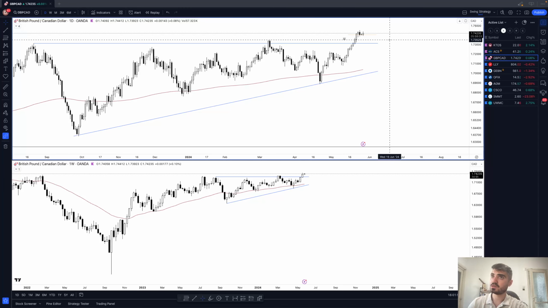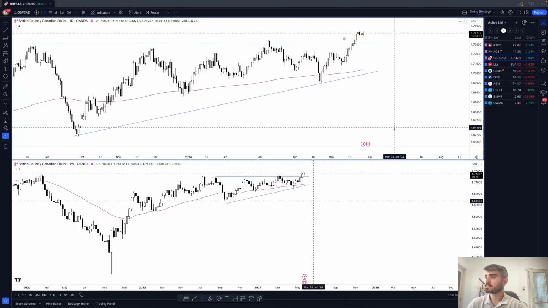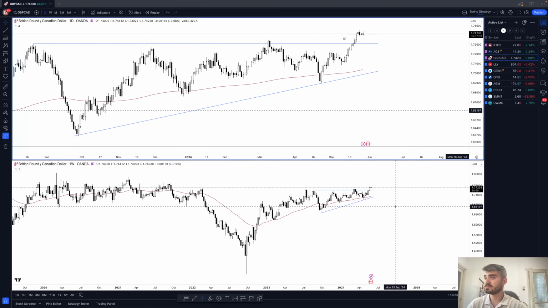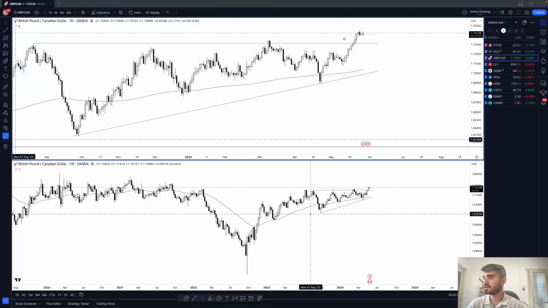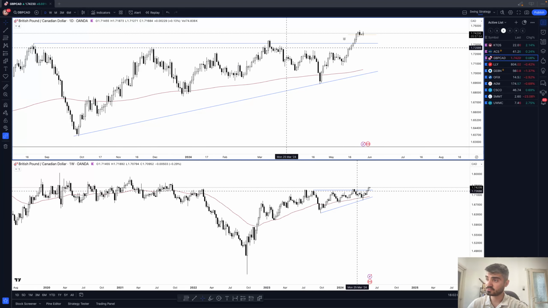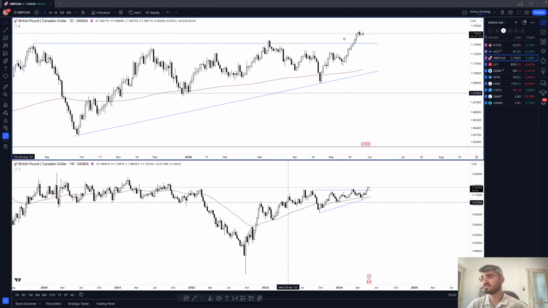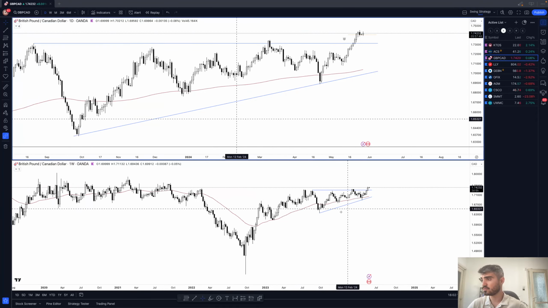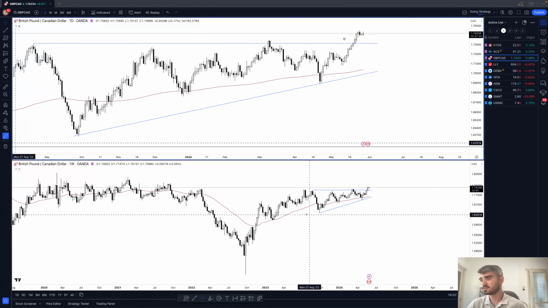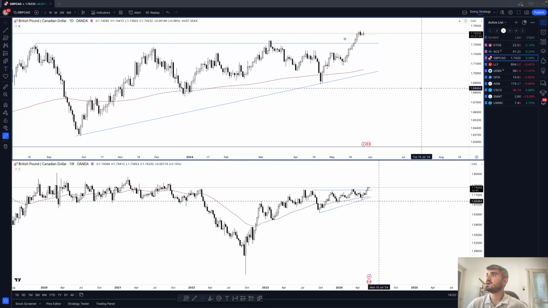Pound to CAD, Canadian dollar. This is actually a good looking trade, guys. It's an ascending triangle, a continuation pattern of an uptrend, which in a sense we've been in some kind of consolidation for a while now.